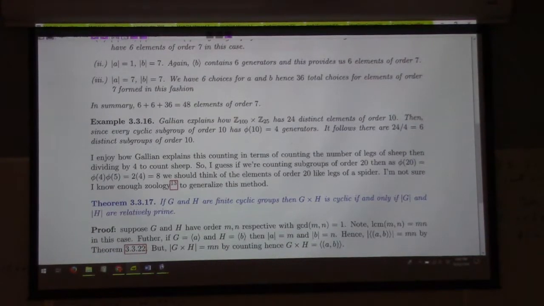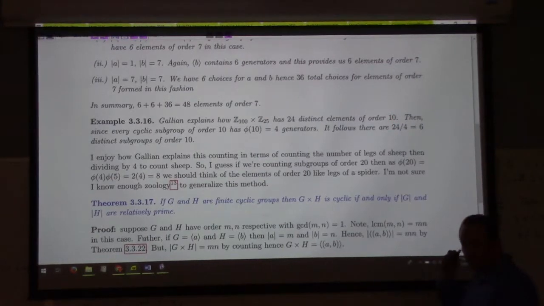Here's an application of that. If you look at Z100 cross Z25, you can count that it has 24 distinct elements of order 10, right? If that has 24 distinct elements of order 10, how many subgroups of order 10 are there? Well, remember, every subgroup of order 10 in a cyclic group is going to be a cyclic subgroup, as it turns out.